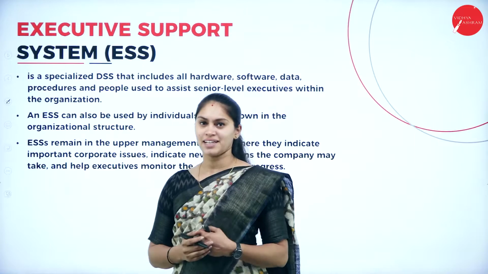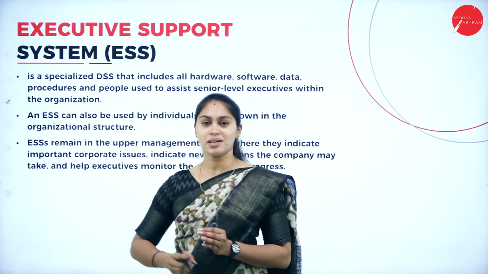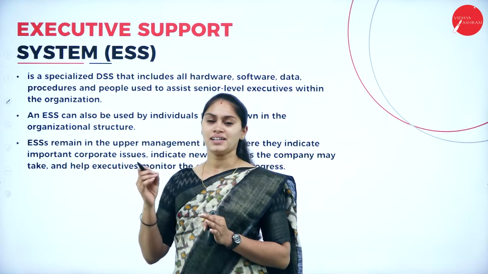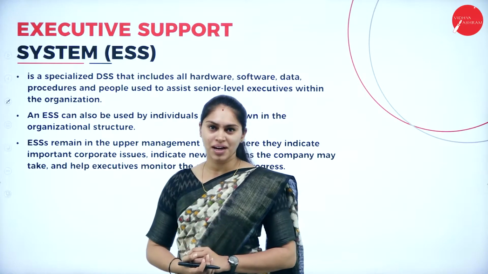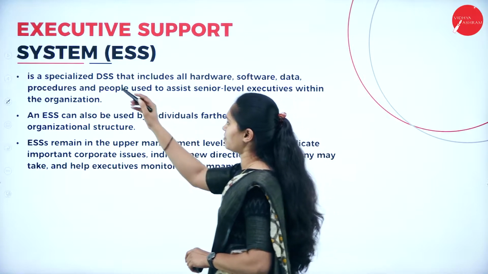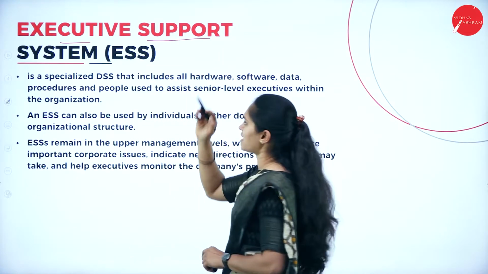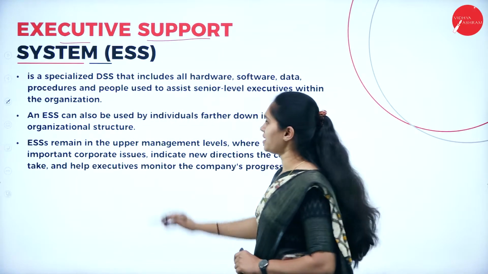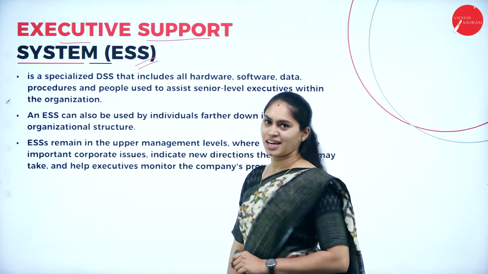Who is going to guide them? There must be some information system which assists and helps the decisions made by the executive. For that purpose, this type of information system is termed as executive support system. In short, it is termed as ESS.